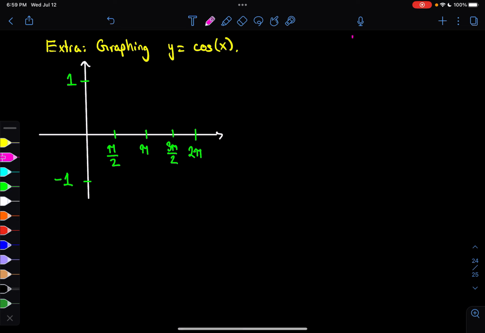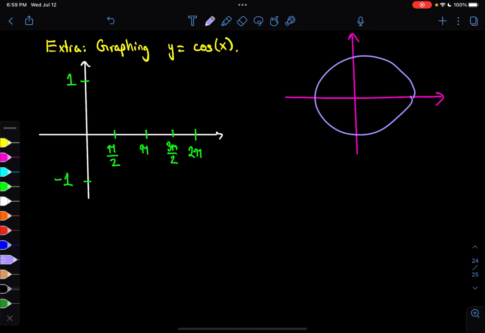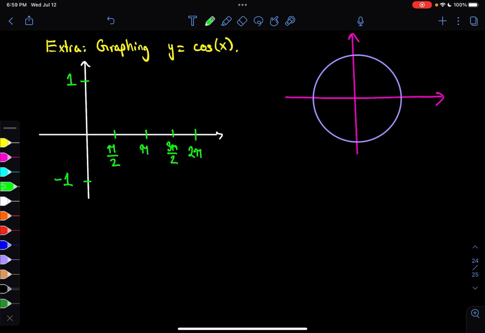Okay, and so remember that on our old friend, the unit circle, cosine has a whole bunch of values, but the normal period starts at 0. We have pi over 2, we have pi, 3 pi over 2, and then 2 pi, and then we start repeating values.